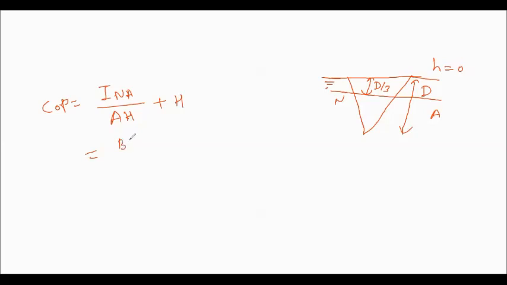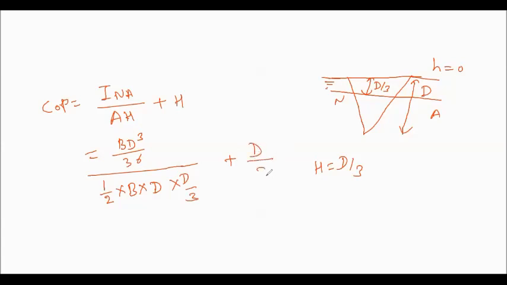That will be BD cube by 36 divided by the area of the triangle, which is half into base into depth, into what is H. In this case, H will be D by 3, plus D by 3. Now you can solve this.